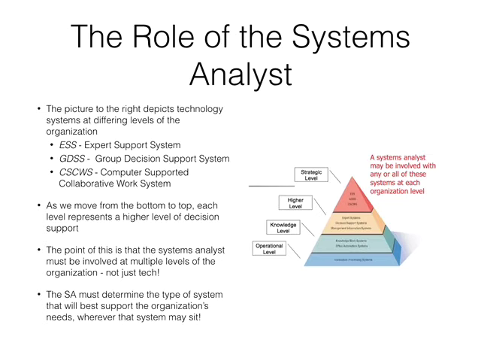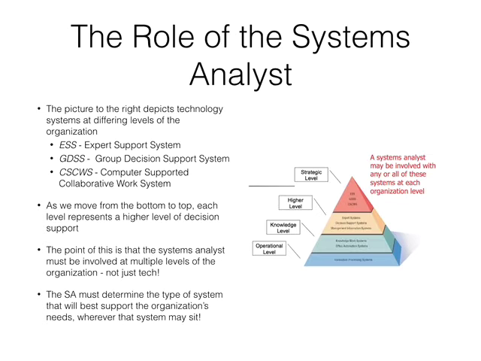As we move from the bottom to the top of this diagram, from operational to knowledge to a strategic level, we move to a higher level of decision support, of the duty that a different type of system can do for us.